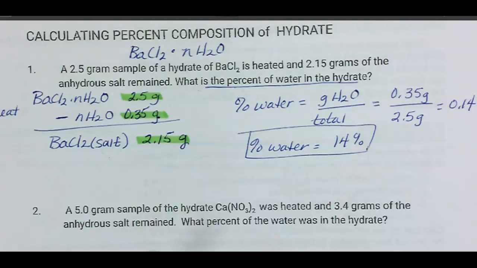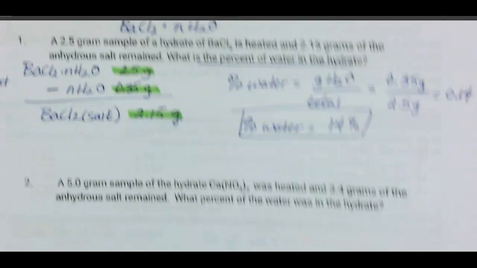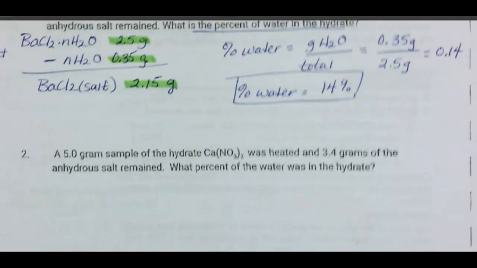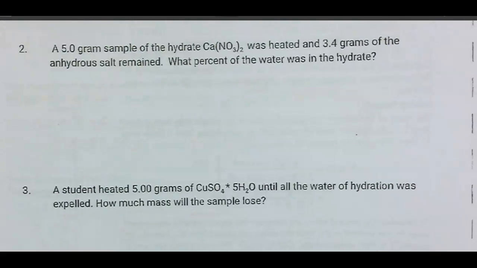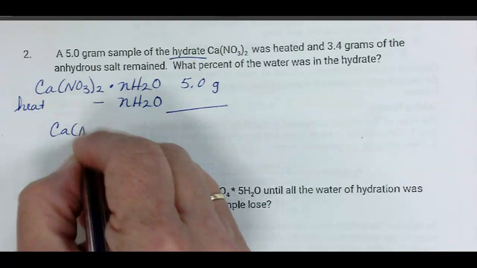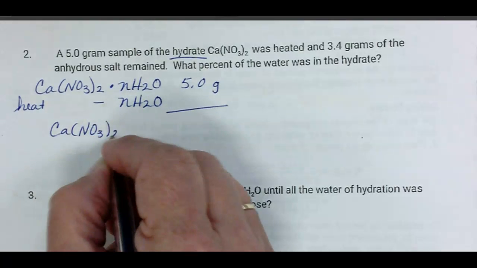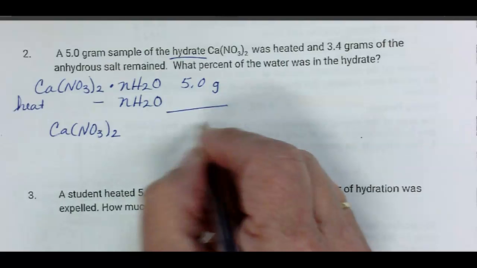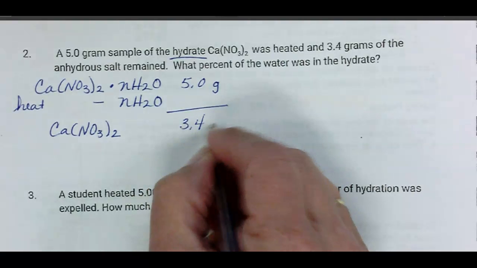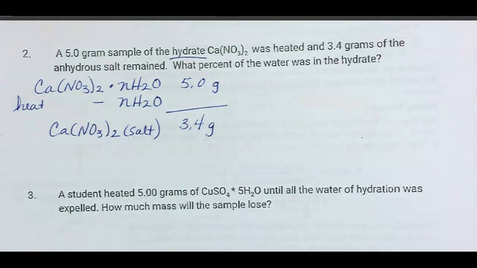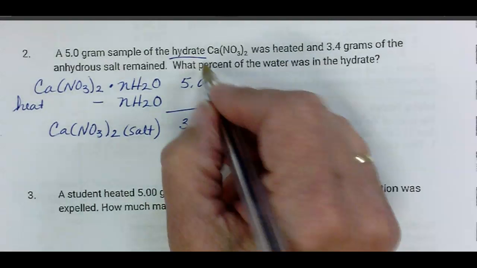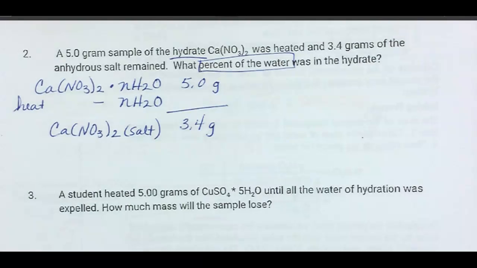So number 2 is going to be exactly the same problem. Let me slide this up here. Same problem, where the calcium nitrate amounted to 3.4 grams. So this was our salt. Again, I want a percent of water.